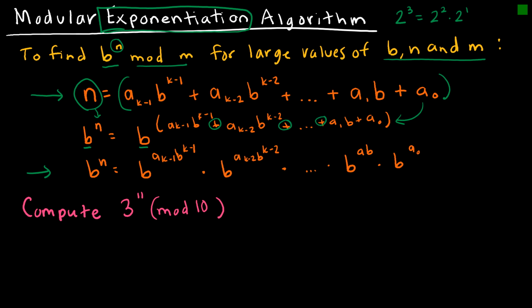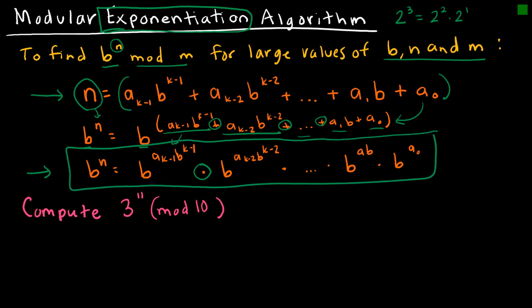So I'm going to call this b to the a_{k-1} times b to the k minus 1, and then multiply it by the next value and the next value and the next value, etc., until I get to the end. So this is the actual algorithm that I'm going to use, and I want to show you what that's going to look like if I actually did this.